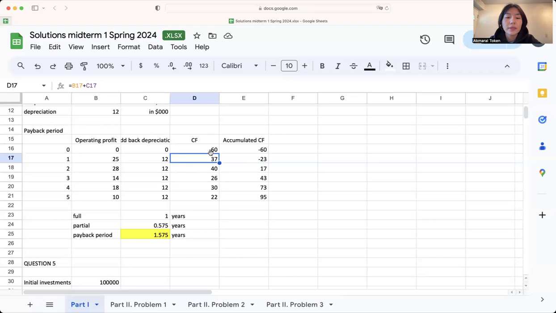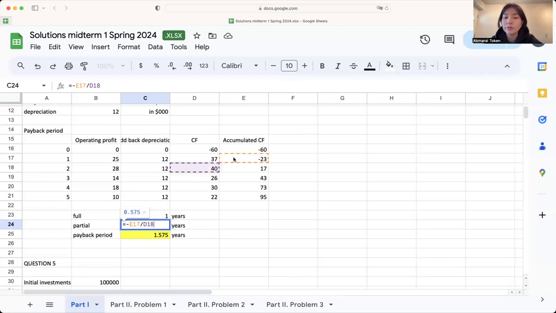So you find the cash flows for every year, and next step in finding the payback period is to find the period when negative cash flow turns into positive. Basically it's between first year and the second year, which means that we have one full year for payback period and one partial year. So how do you find the partial year? You divide the last negative cash flow by, not negative cash flow, but the accumulated cash flow.